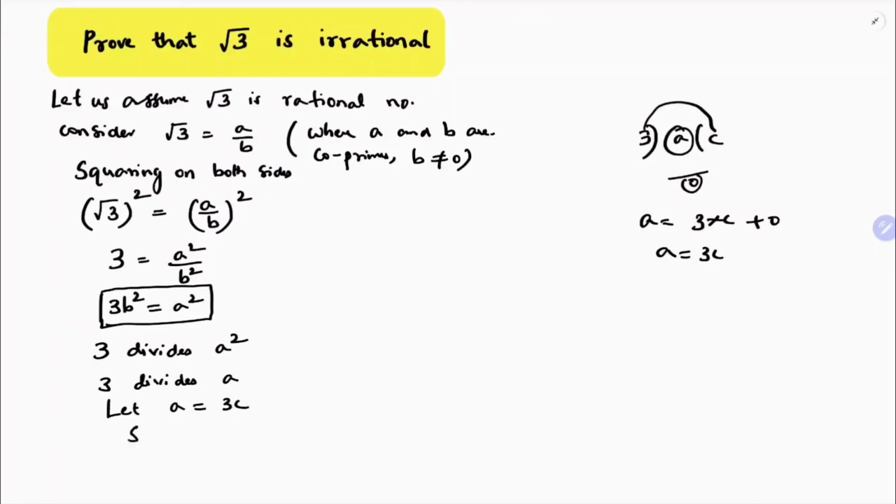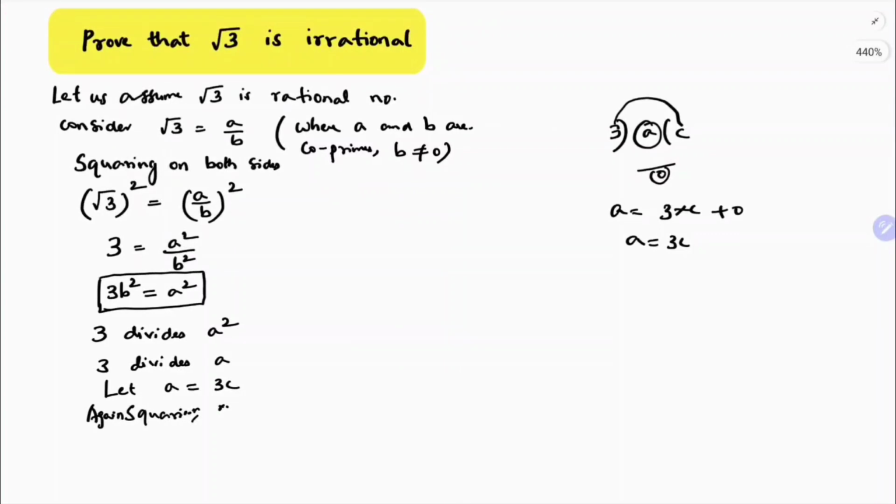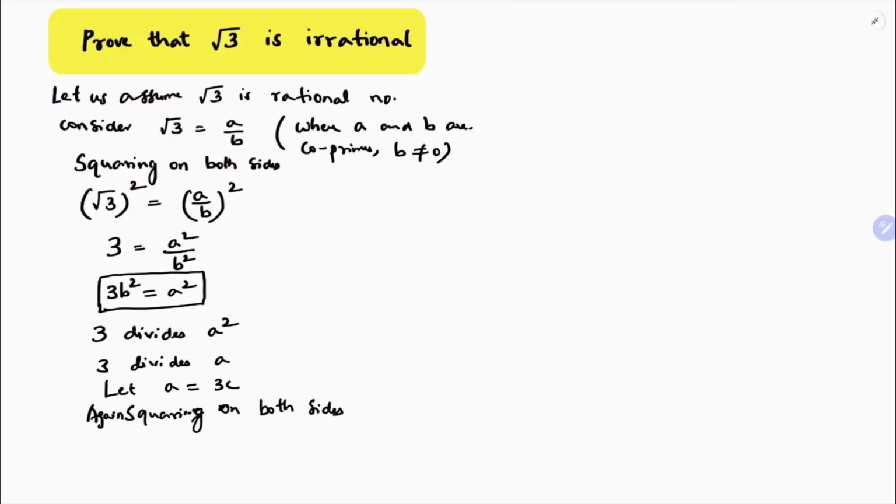Again, squaring on both sides. A equals 3c, so squaring on both sides, a square equals 9c square.